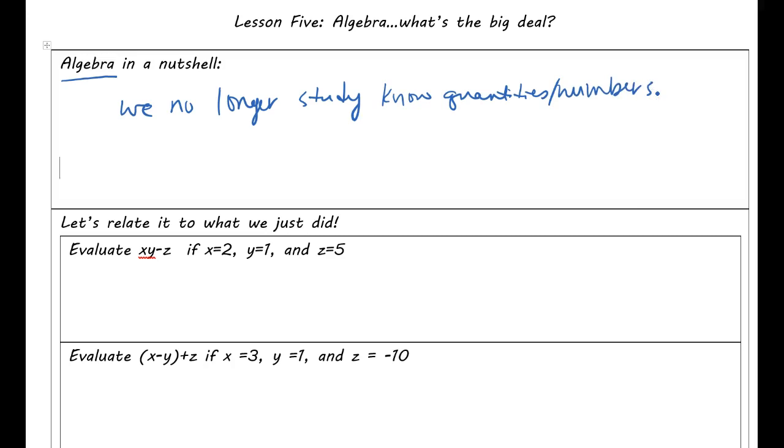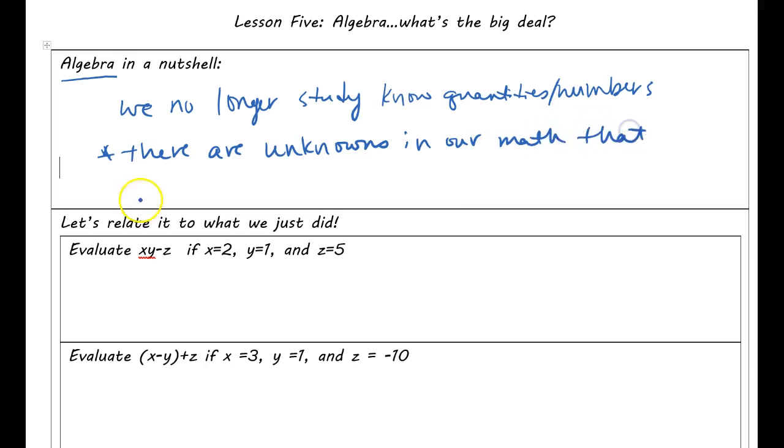Instead, we start to study unknown amounts. So I'm going to write there are unknowns in our math that we represent with variables.